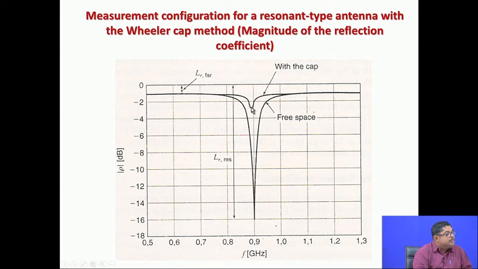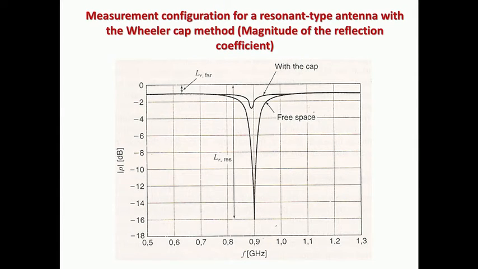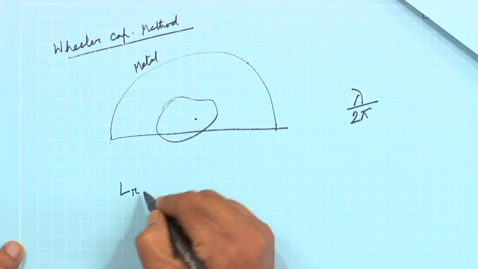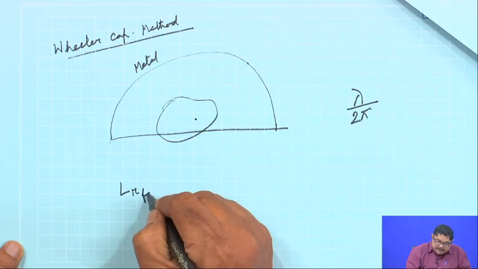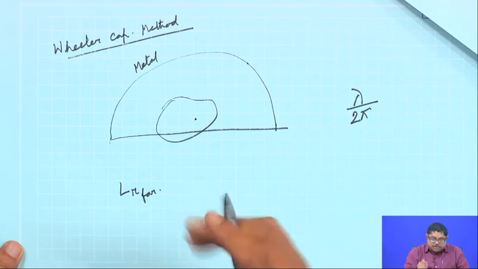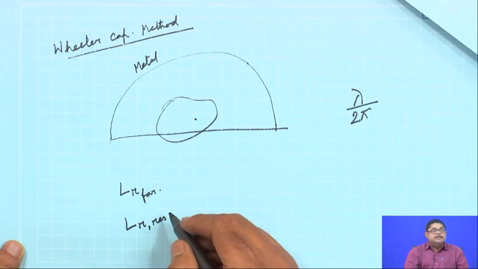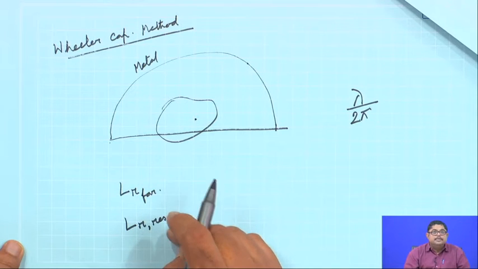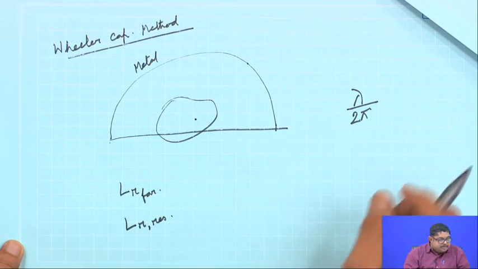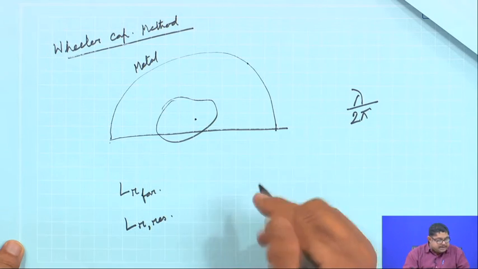Obviously these two frequencies are getting shifted, but that does not change the thing. From this measurement of the diagram, he now knows LR far, which means due to the loss only, and LR without the cap, that means with radiation resistance.